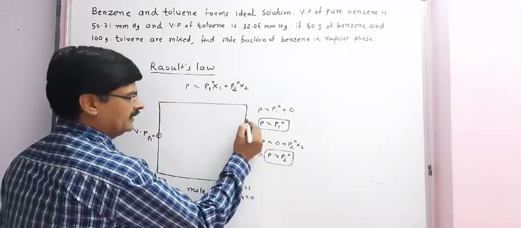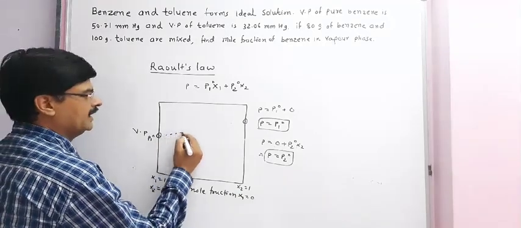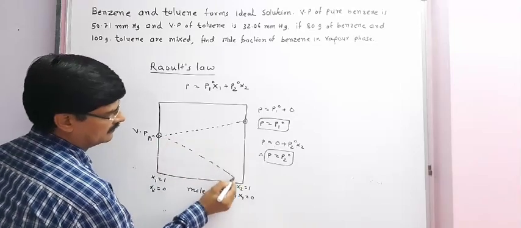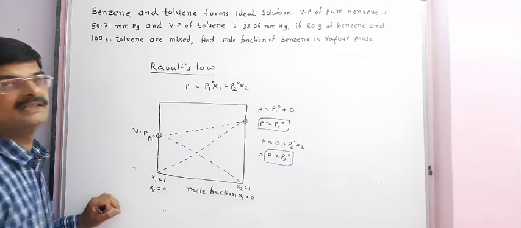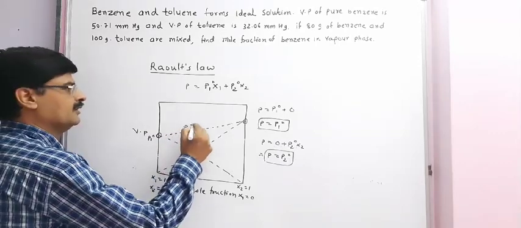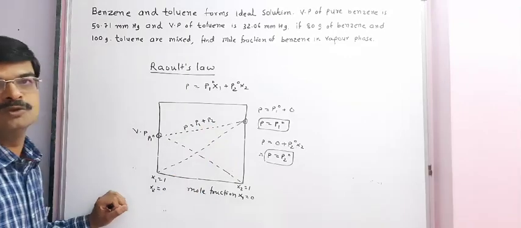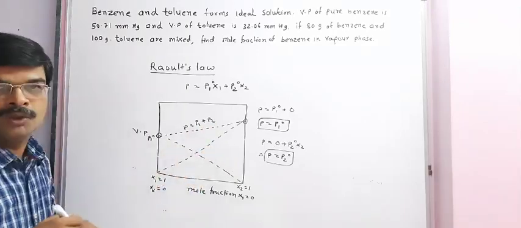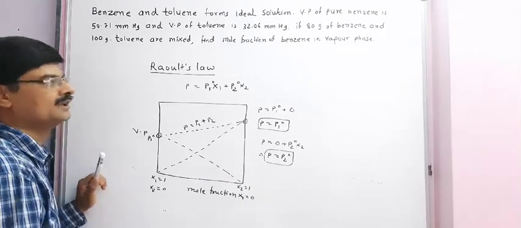Say the point is here. Then by joining, we get the graph like this. P is equal to P1 plus P2, or we can take P is equal to PA plus PB. So this will be the graph for both volatile solvent and volatile solute.